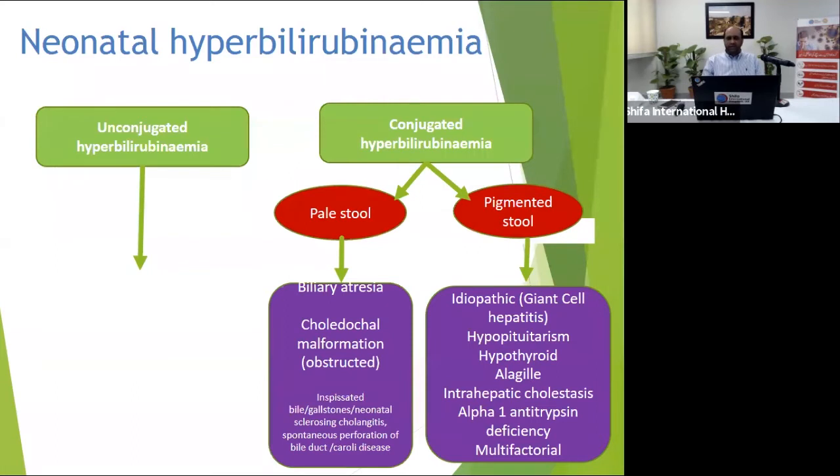We investigate in a timely fashion to try to get a good outcome in the management of these children. However, there are other types like choledochal malformation and inspissated bile that we will discuss in our coming slides.